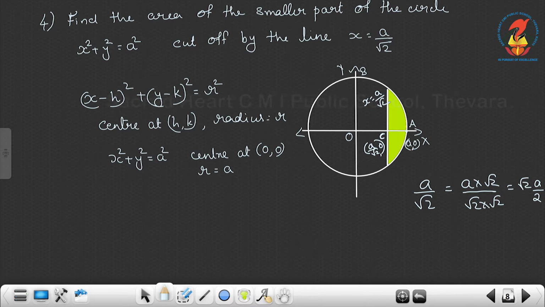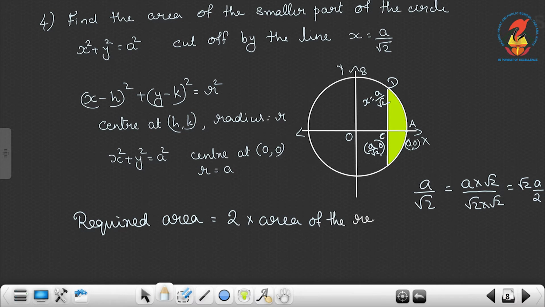So we can write the required area as 2 times the area of the region ACD. So that is 2 times the integral from where to where?